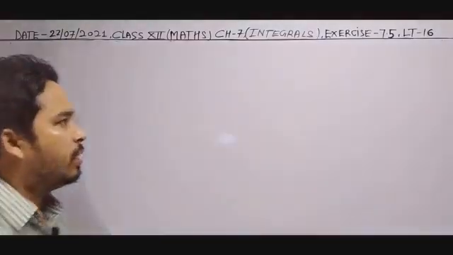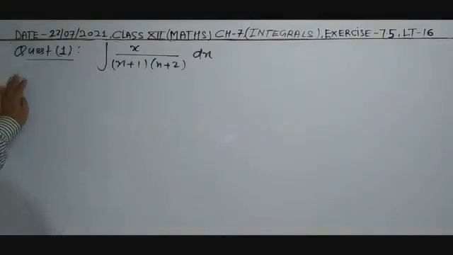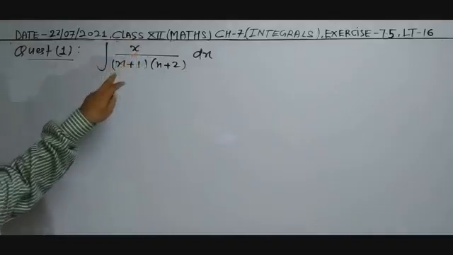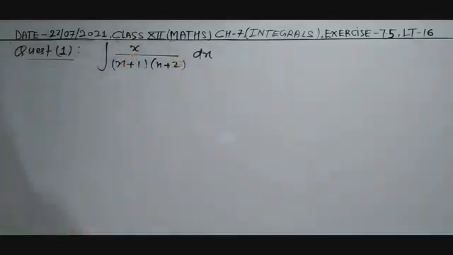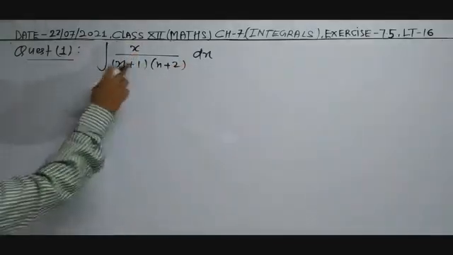Now see the question. Now class, this is question number 1. I have to integrate the function, integration of x upon (x plus 1)(x plus 2) dx. So first of all we have to see this function which I have to integrate.